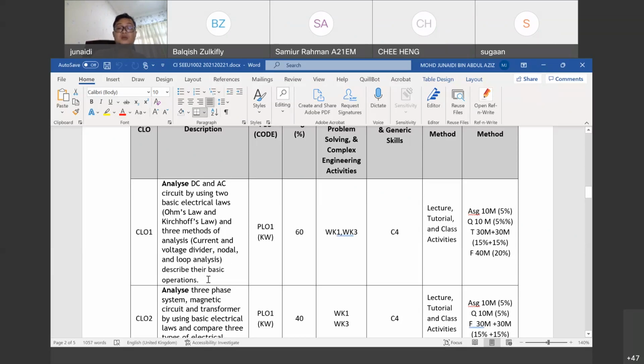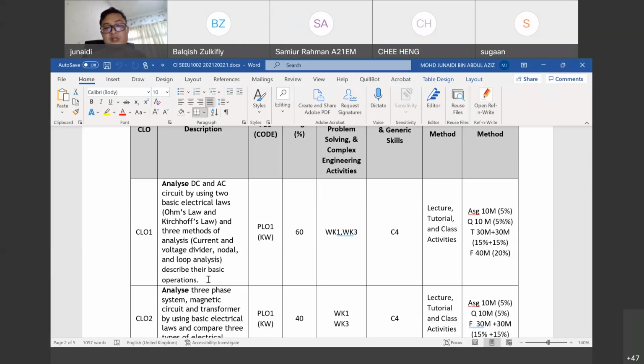This is for non-electrical students. For electrical students, we have more methods, for example superposition and many more. For your case, we only focus on these three methods plus Ohm's law and Kirchhoff's law.